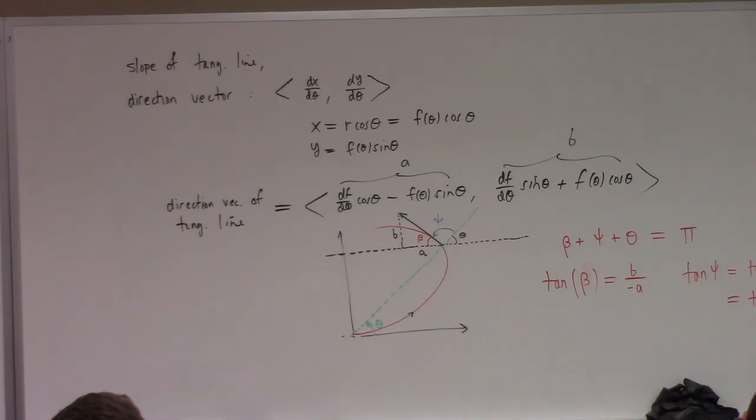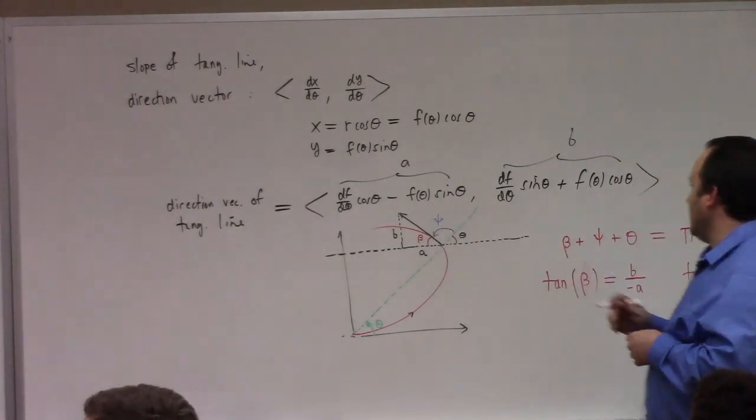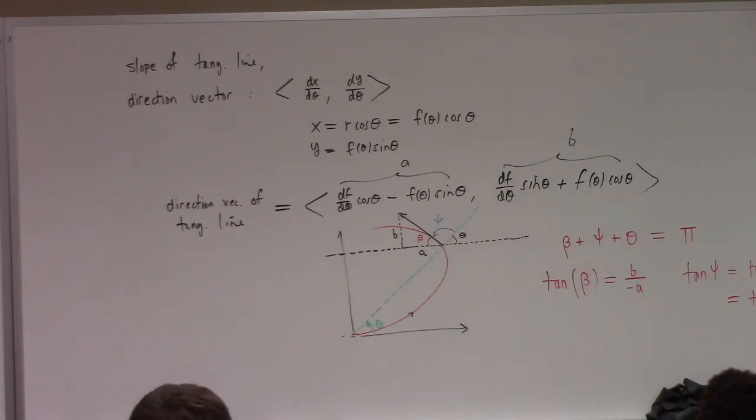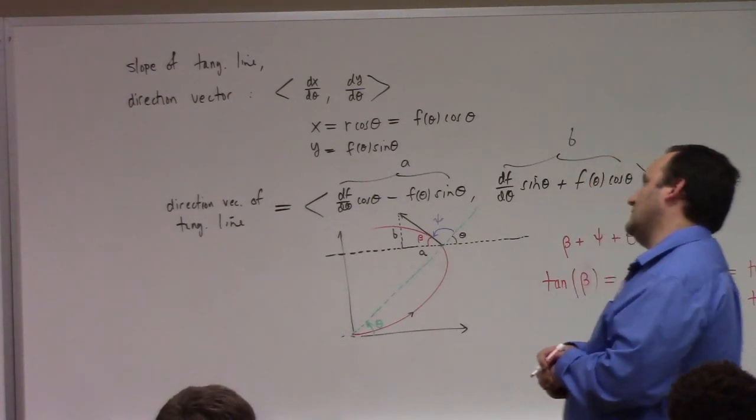Then you need the adding angles formula for tangent. But when you do that, it brings these into play, and something nice happens. And it just drops back down to, I guess the other question is, what is dr d theta?